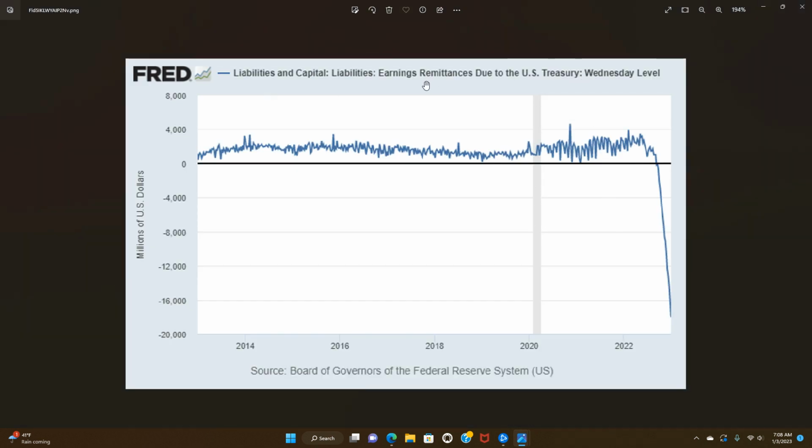And finally, I just want to talk about this. This is the liabilities and capital earning remittances due to the U.S. Treasury. So basically what this is showing you is that this ties back into the relationship between the federal funds rate and the Treasury yield. Generally, when the federal funds rate yields less than the Treasury yields, that's a healthy market, and it represents actual pricing of risk and reward, where the federal funds rate should yield less because it has less risk, right?